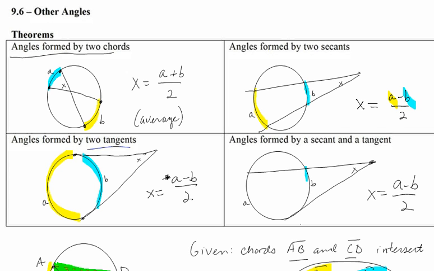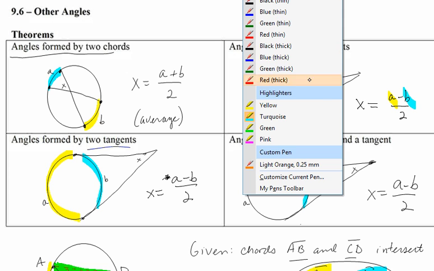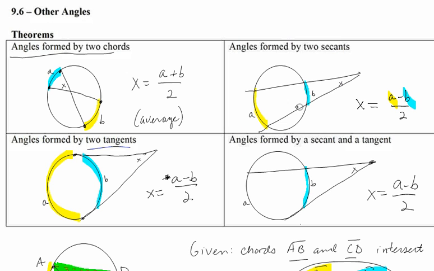And then finally, if you mix it so you've got a secant and a tangent, it still works. Larger arc, subtract the smaller arc, divide by 2, and you get the angle formed by the secant and the tangent. I'm just going to go ahead and prove one of these.